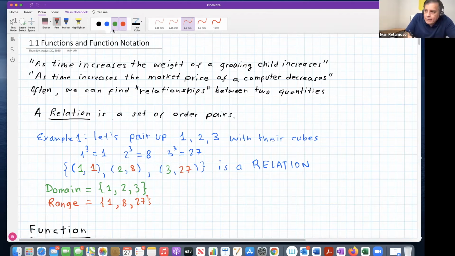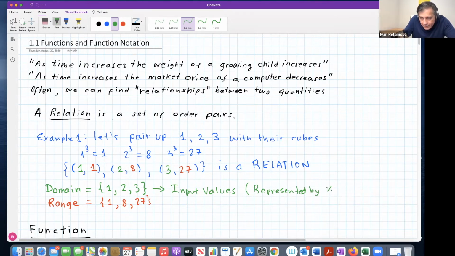Now, you know, mathematicians are minimalists. They like to simplify the notation. Instead of words, they choose symbols. These first components, mathematicians call input values, and to shorten this further, they represent the input values with the letter X from the English alphabet.